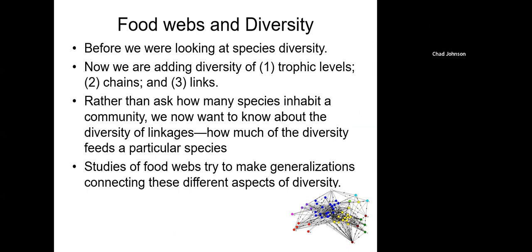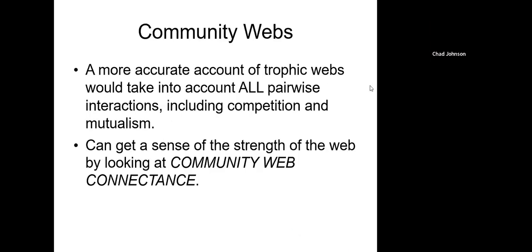Now we're going whole hog the other direction and saying, well, what about all the species interactions? And there we learn, well, there's no computer model in the world that could handle or could reasonably predict things given all of this complexity. And so we want to try to simplify things. And that comes to the idea of connectance.